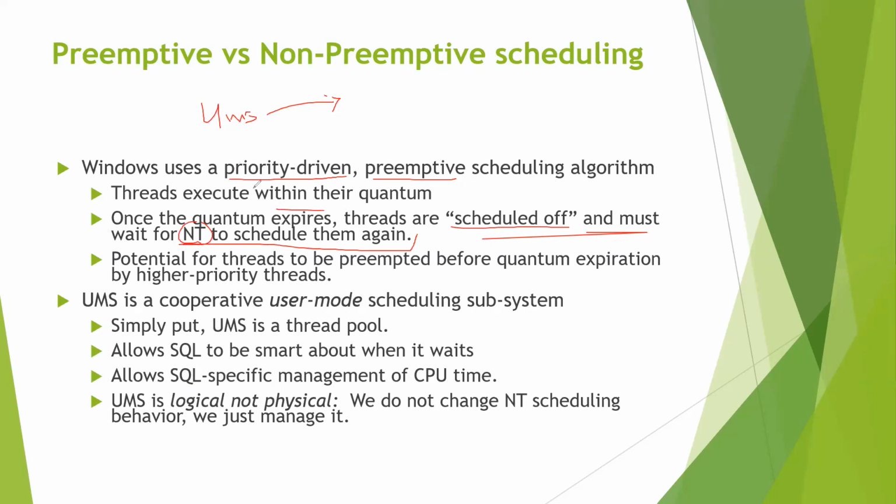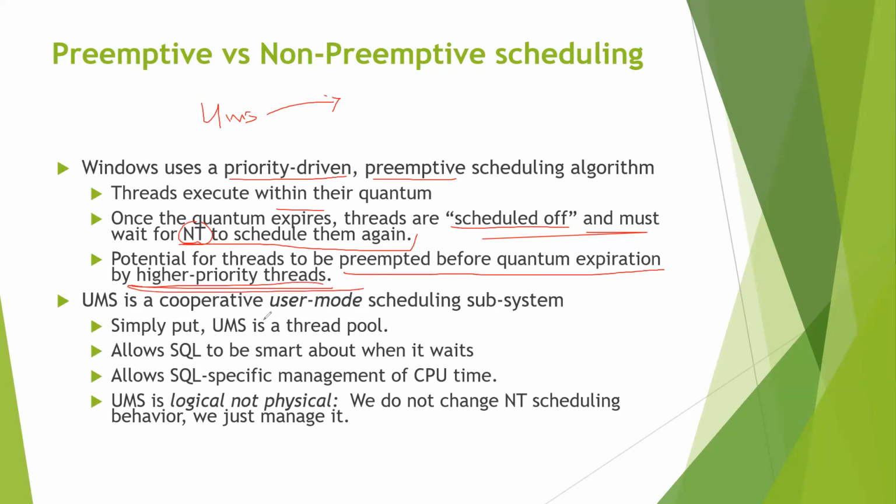I was talking about the queue. As soon as a thread comes out of the CPU after 4 milliseconds, it will be in the queue and wait for all the other threads to complete their execution. There is also potential for threads to be preempted before the quantum expires by high priority threads.